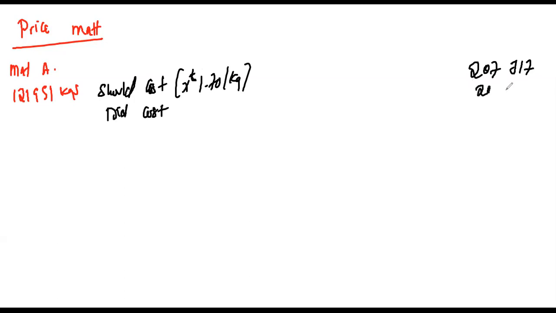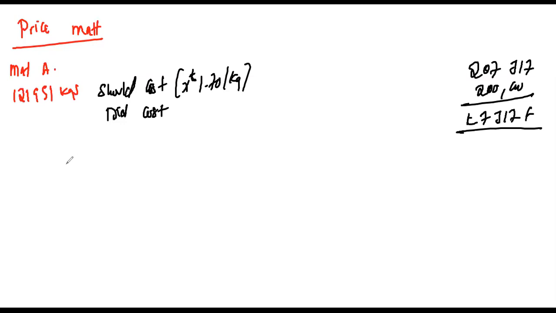So according to the actual results, we see there's a favorable variance of 7,317 kwacha. Favorable. They spent less on material than the budget. Okay.